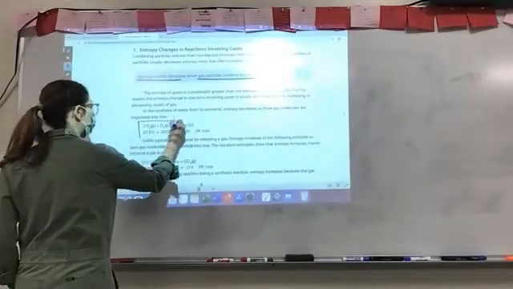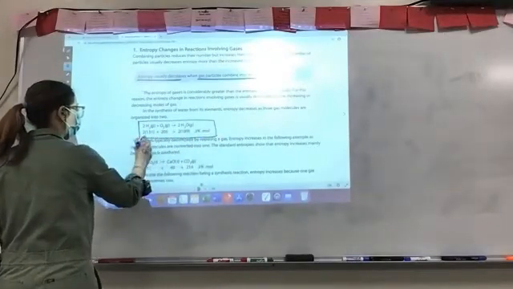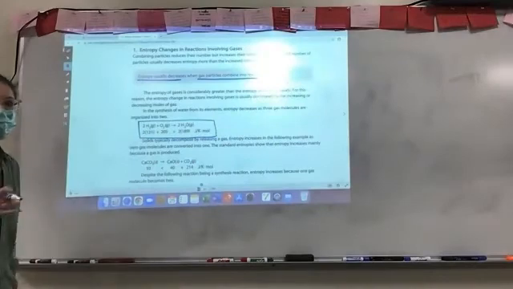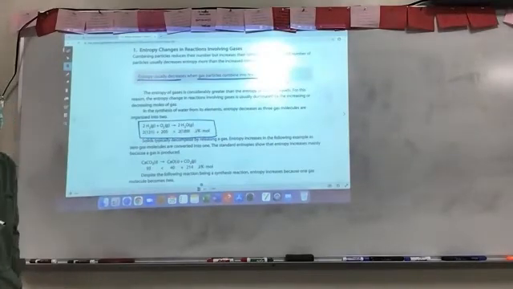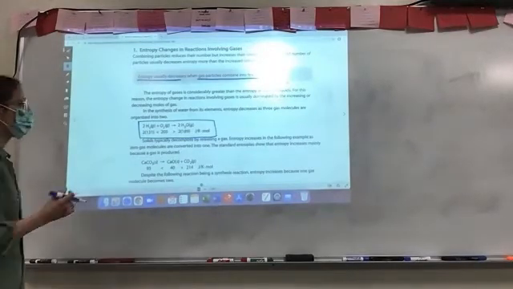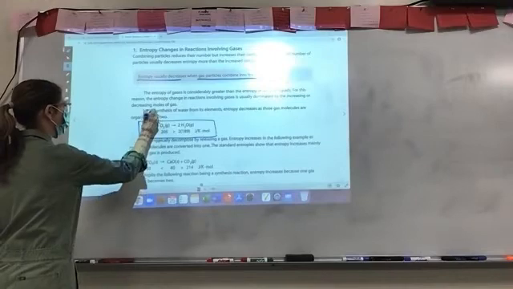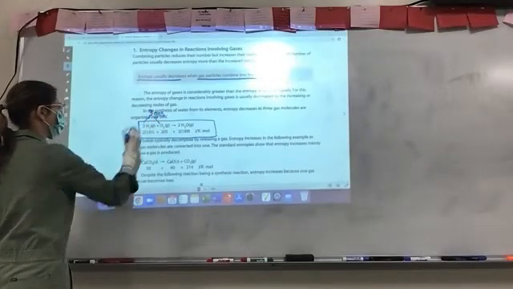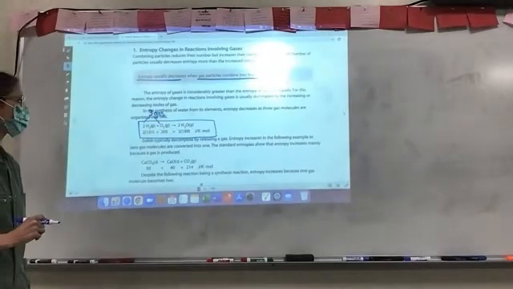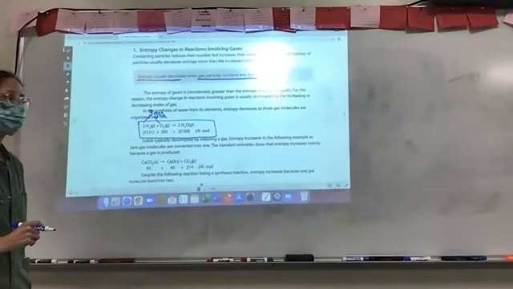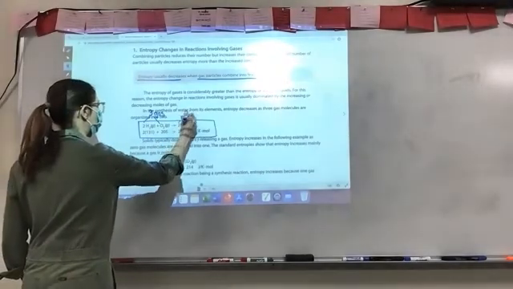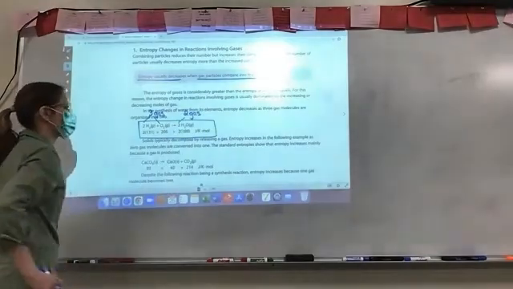Right here, I'm going to put a box around this reaction. We're going to count how many gas particles are on the reactant and product side, and we're going to do that using the coefficients. Okay, so here you've got 2 plus 1. So I have 3 gaseous reactants. I've got 2 H2 and 1 O2, and then I've got 2 gaseous products.